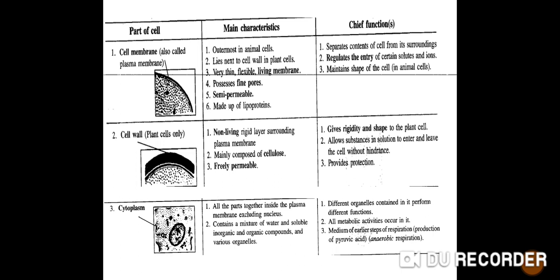So, this cell wall allows everything to move in and out of the plasma membrane in plant cells. Its functions: it gives rigidity and shape to the plant cell, allows substances in solution to enter and leave the cell without any hindrance.